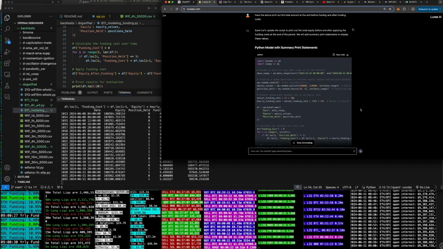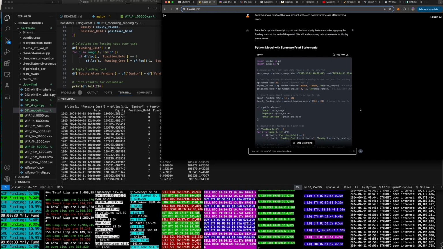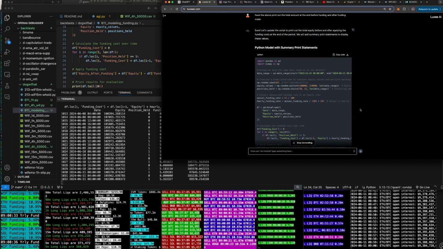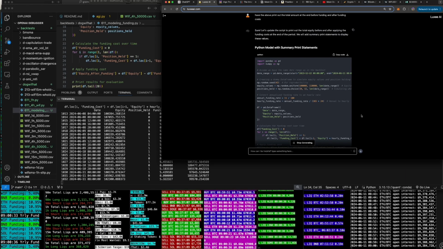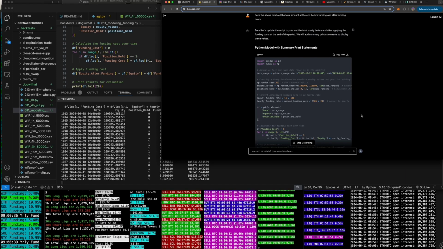Sure, let's update the script to print out the total equity before and after applying the funding costs at the end of the period. We'll add summary print statements.